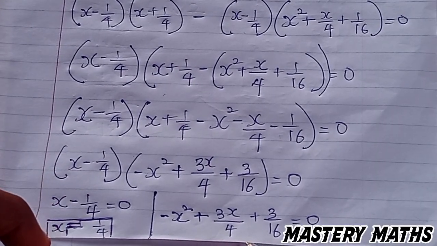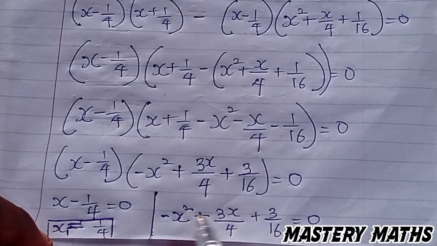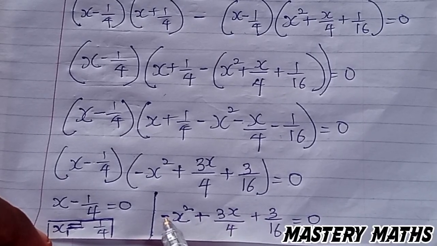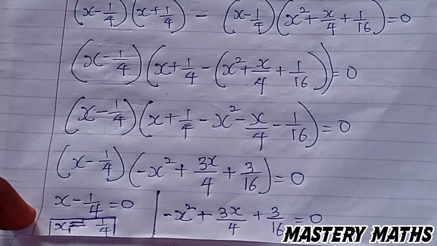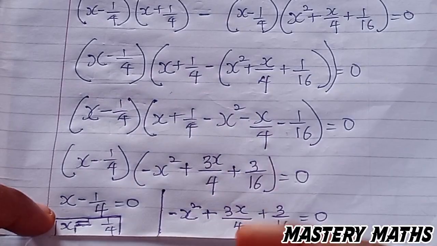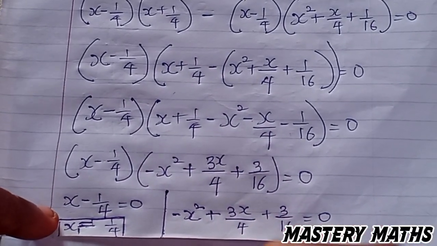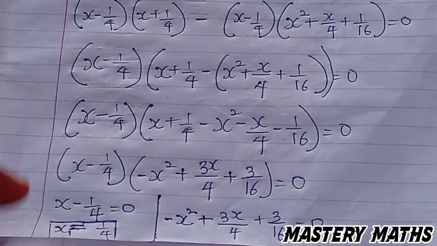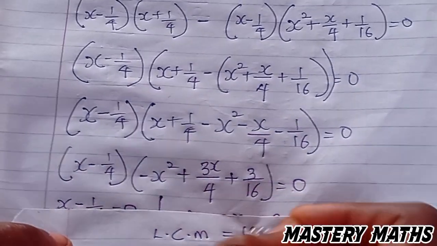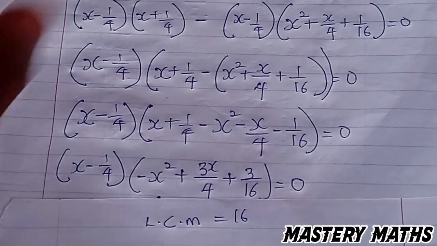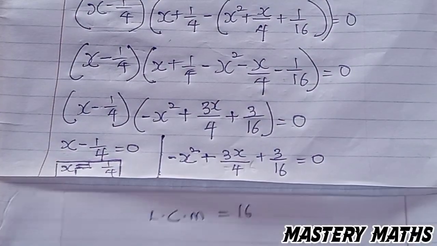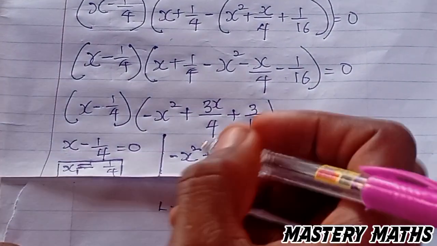So we use the 16 with the negative sign to multiply all through, so that we remove this minus sign from here. See the LCM of everything we've got here is 16. So we're going to use the LCM to multiply.